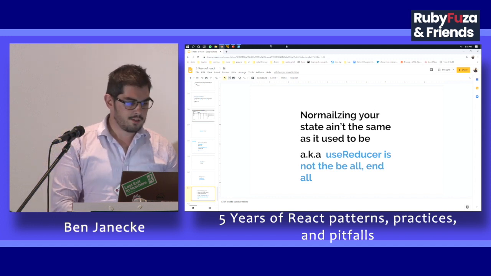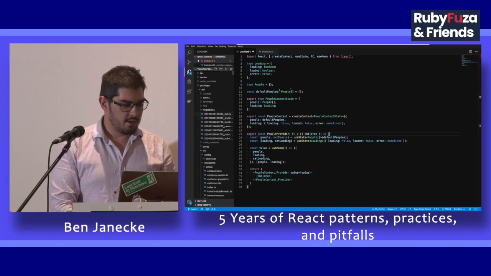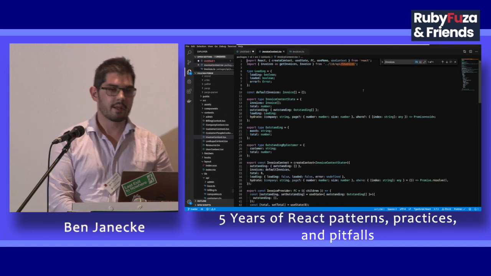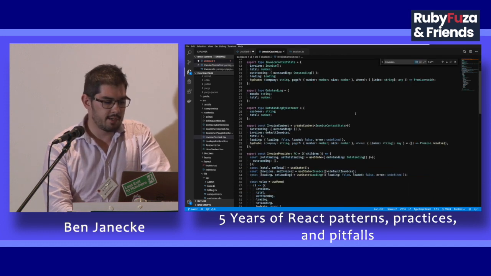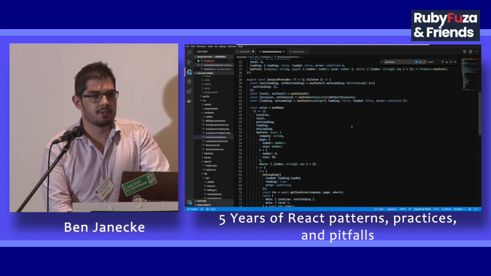So if I jump into my real world perfect code app that no one can criticize, and I go look at my invoice context, which is the most complicated context in this application, there is no useReducer. It's all just useState. It's all just flat state, because I can decompose my state into smaller bits.